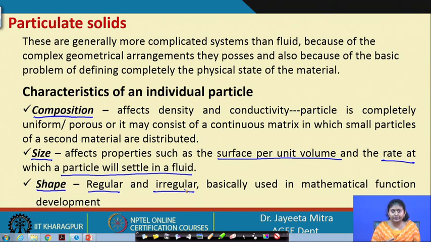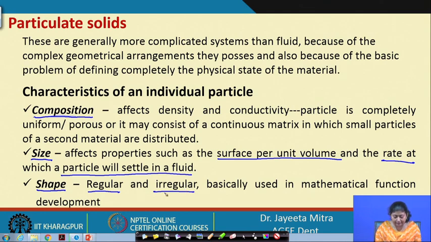It is very easy for a scientist to identify or categorize regular particles, for example a crystal cube, or a spherical, round-shaped particle. If regular particles are there in the bulk solid, then to categorize them, apply different forces, or analyze their behavior becomes a bit easy.